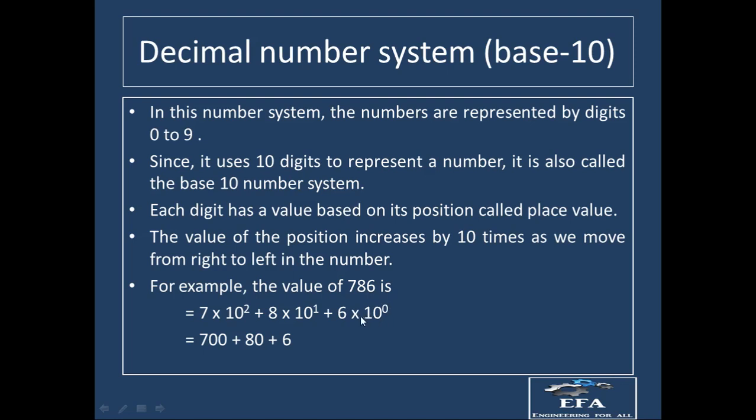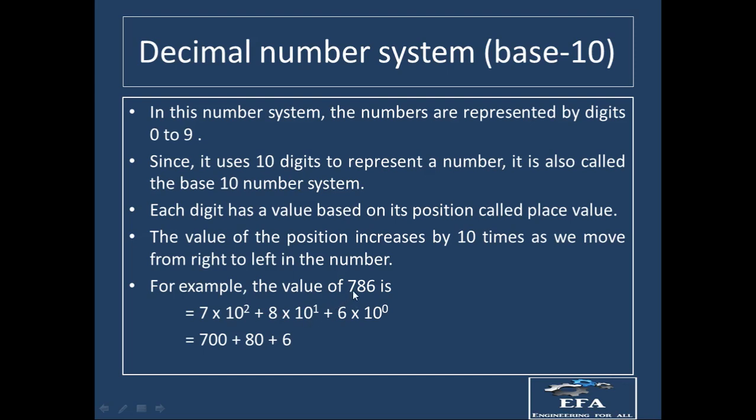That is, if we have to represent this 6, it can be represented by 6 multiplied by 10 power 0. On the other hand, when you talk about 8, 8 is having the position at 10 raised to power 1. So 8 multiplied by 10 power 1 will be applicable over here.